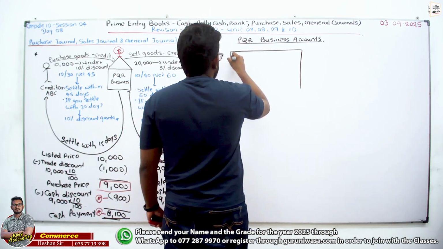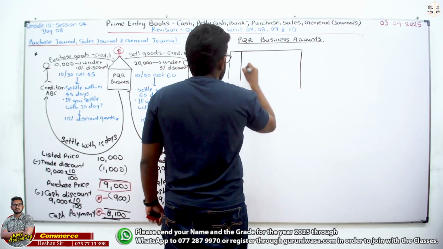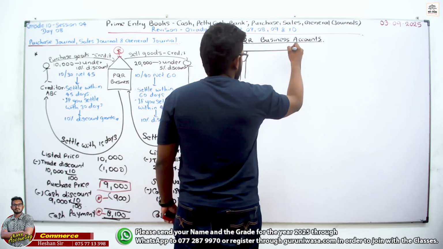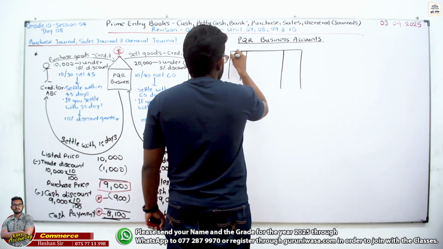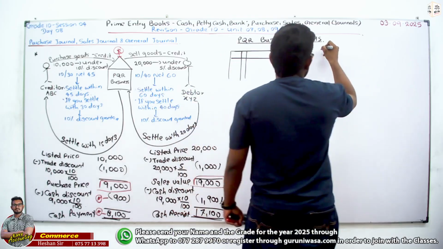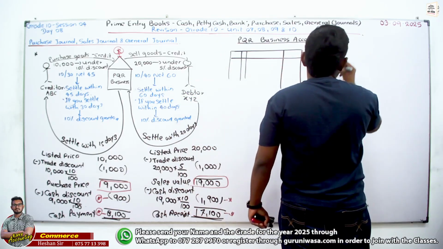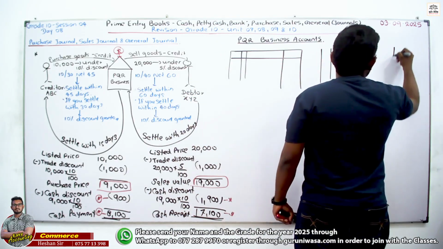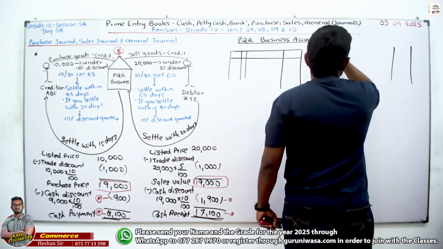The date, receipt number, description, value. Date, voucher number, description, and the value.